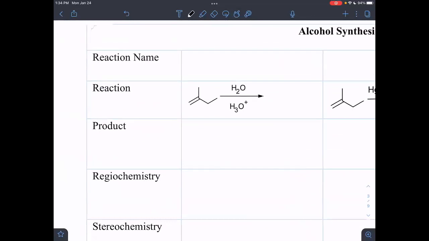So the very first one, what does this reaction look like? Acid catalyzed. We're making an alcohol, so we're adding water, so it's going to be acid catalyzed hydration.